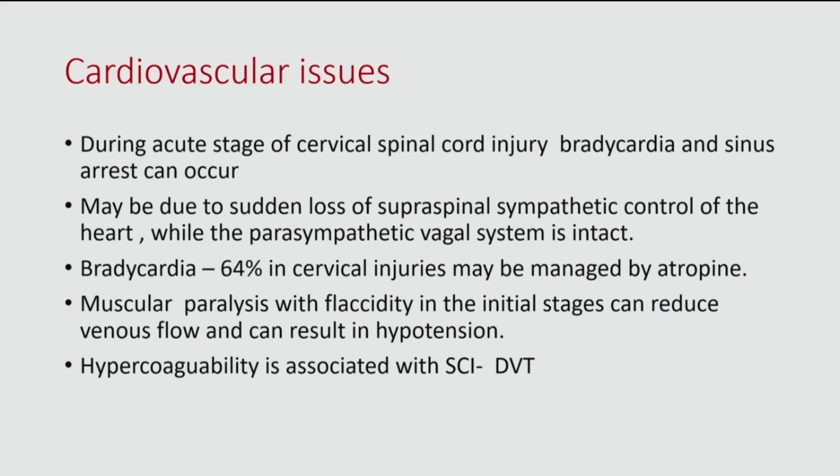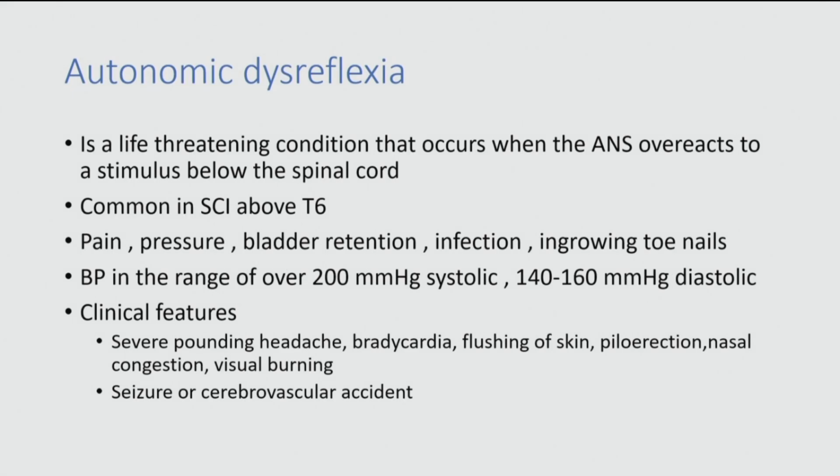And because of the blood flow issues, you can have hypercoagulability and again predispose the patient to deep vein thrombosis. Autonomic dysreflexia, I think Sri Kumar sir will take these classes. It's a life-threatening condition. Pain, pressure, bladder retention, infection, ingrowing toenails are the causes, and the BP goes up to over 200.